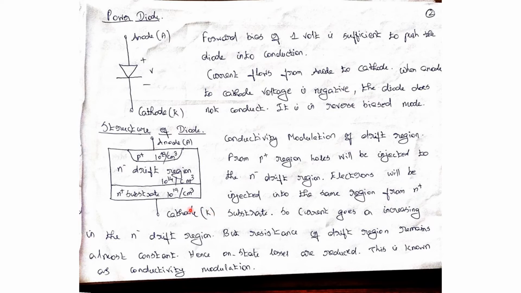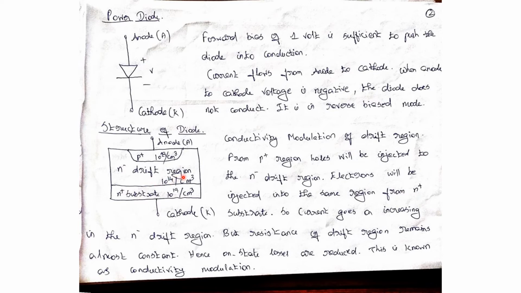Here we have the N plus substrate. The N plus substrate carries electrons. The P plus substrate carries holes. So when the anode to cathode current is positive, the holes from the P plus region are introduced into the N minus drift region. Electrons are introduced from the N plus substrate into the N minus drift region.